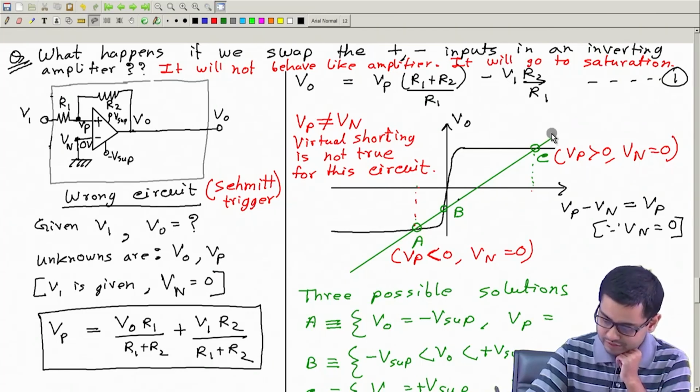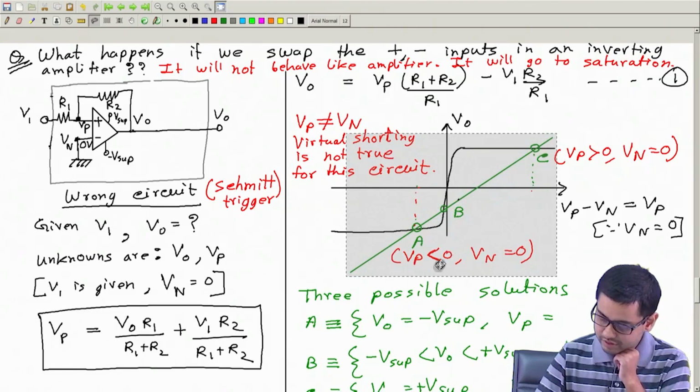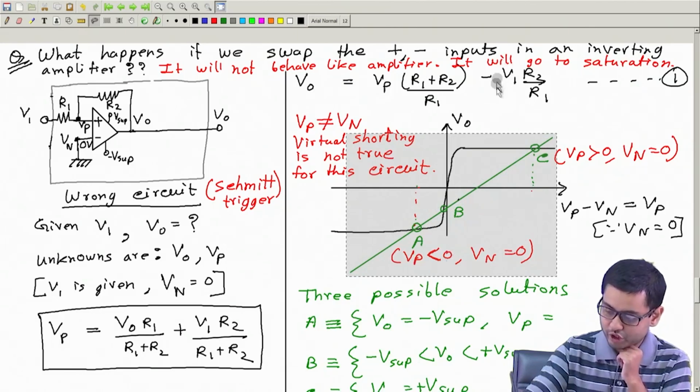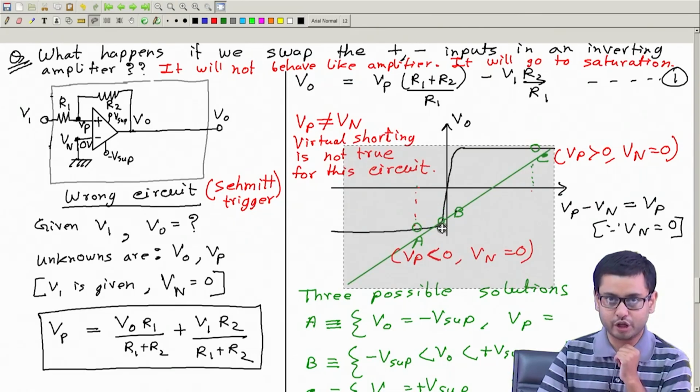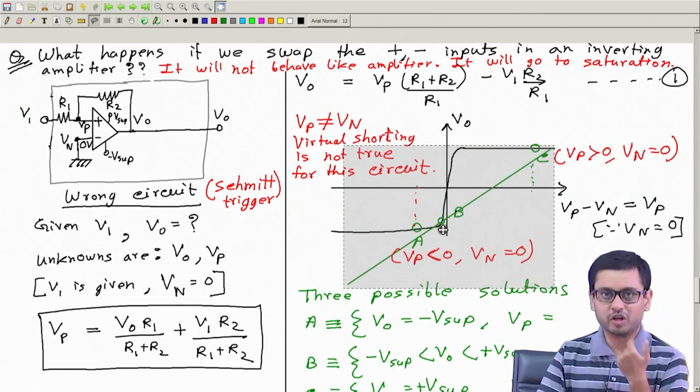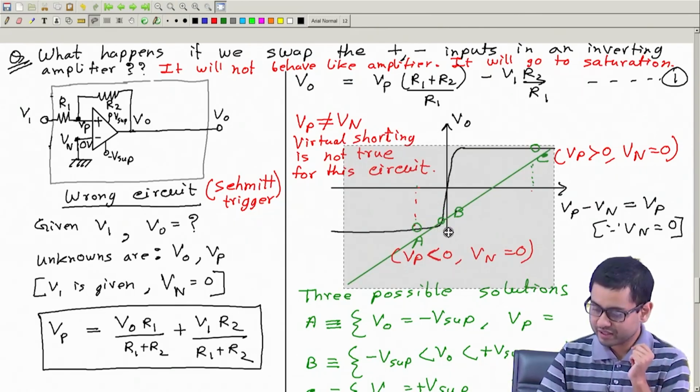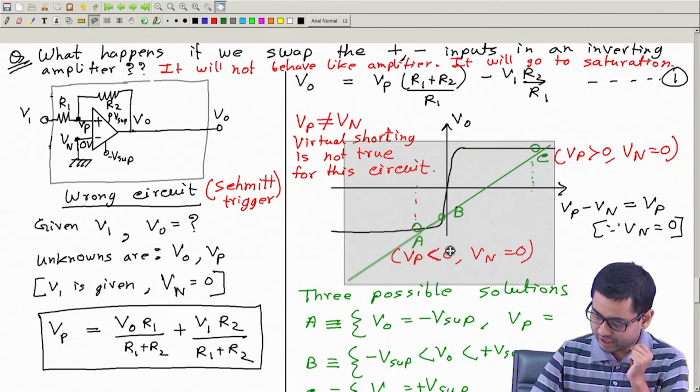If I increase V1, this green curve will come down, down and down, because the y-intercept becomes further negative. Point B, the unstable solution, is changing, but don't bother about that. Point C is still at the saturation level.